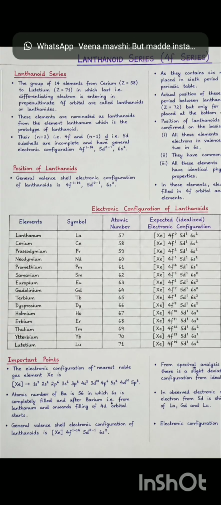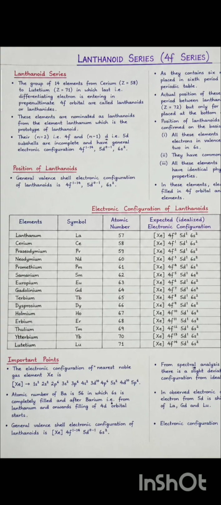In barium, atomic number 56, 6s is completely filled, and from lanthanum onwards filling of 4f orbital starts.